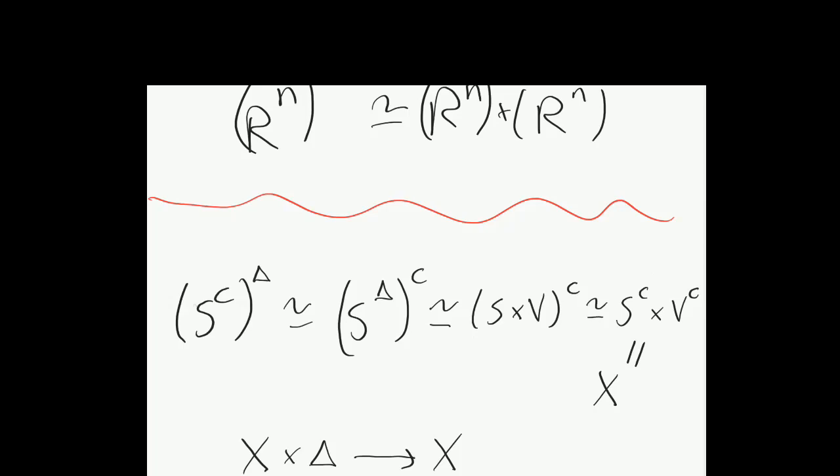Remember, we have this space S, which we can think of as physical space, and we have this space C, which we can think of as representing the particles of our cloud. We can think of a point of S to the power of C as a placement of our cloud in space.